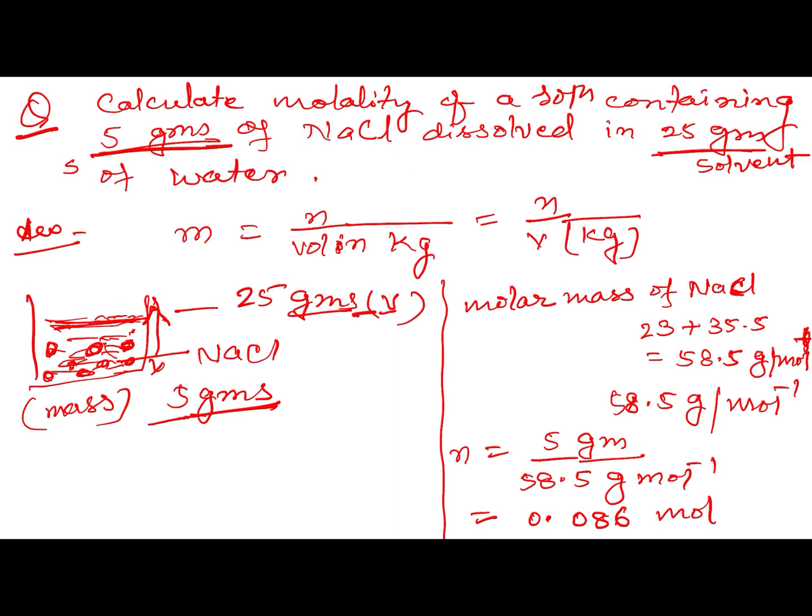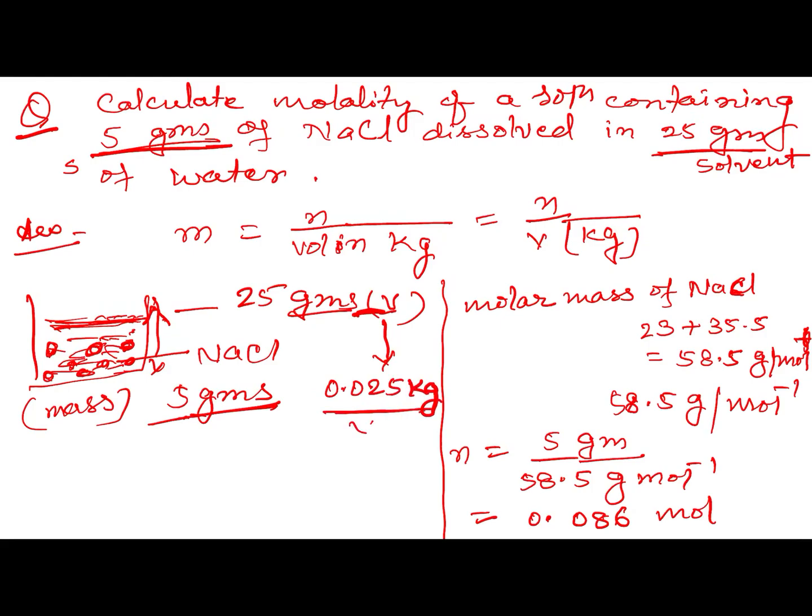Now you change the mass of the solvent, that is 25 gram, into kilogram. That would be 0.025 kilogram.